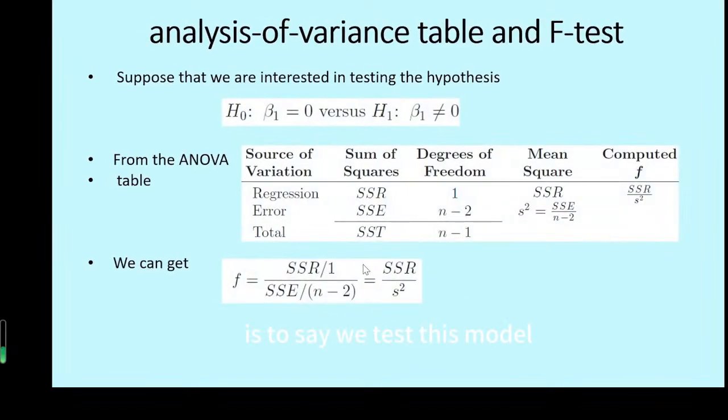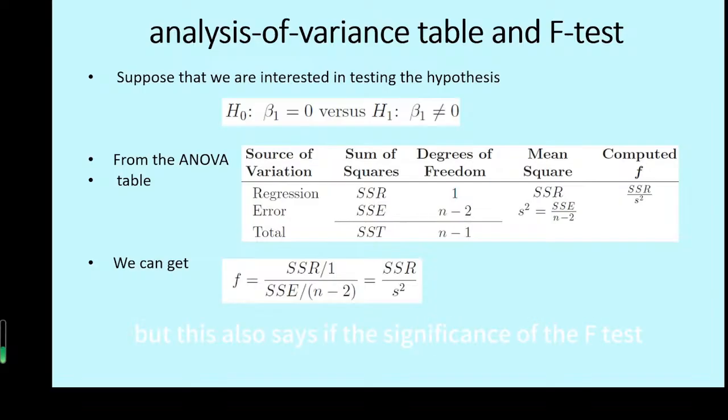So this F-test is to say we test this model as a whole, because this model has only one independent variable. So this is the same as testing whether beta 1 is 0 or not 0. If the model is multiple linear regression with more than one independent variable, the F-test approach or analysis-of-variance approach can also apply.